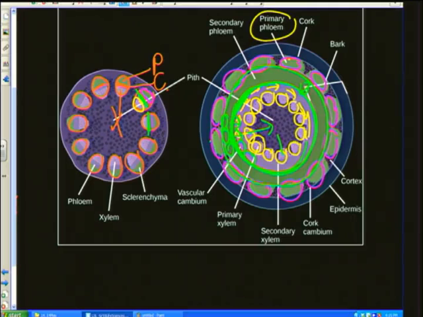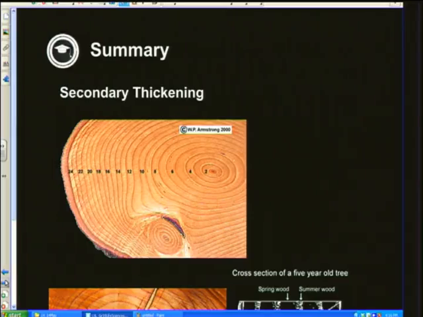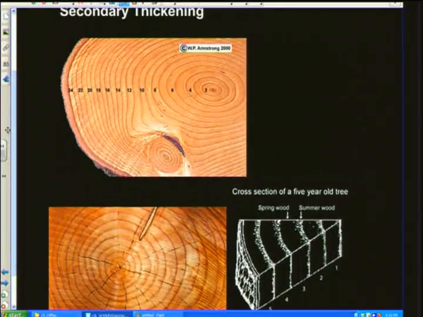Because the vascular bundles are round, when they lay down new xylem and new phloem, the tissue forms this ring. And that ring is what we call an annual ring. What do we mean by that? This is what we mean by it.